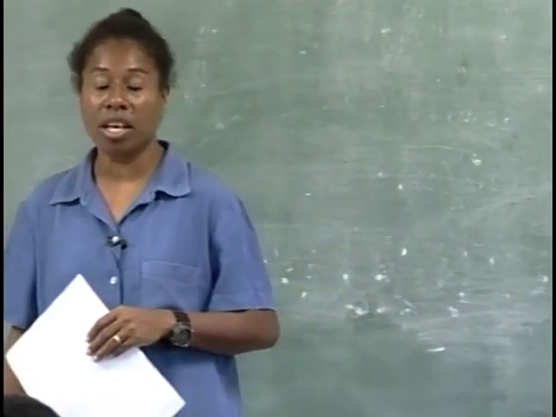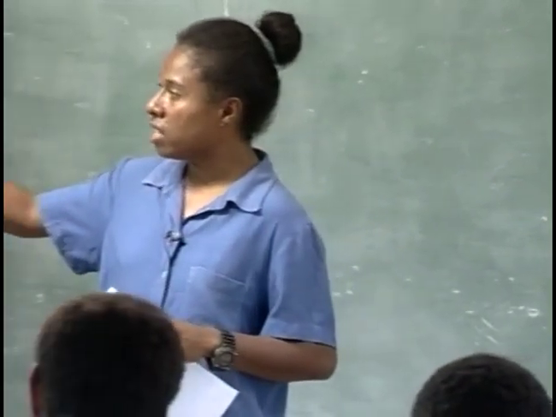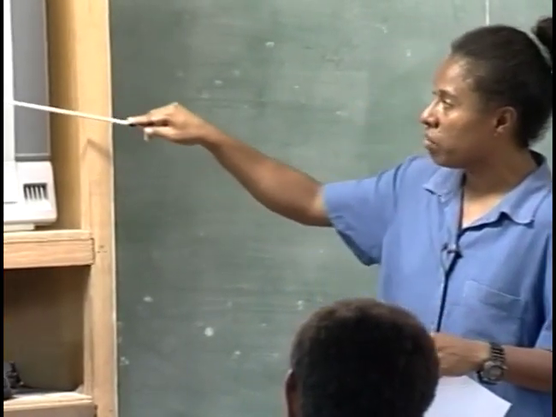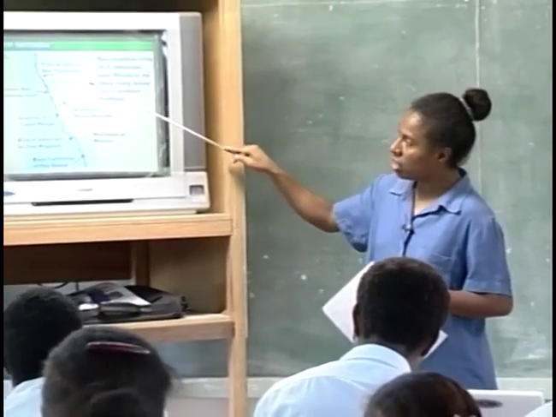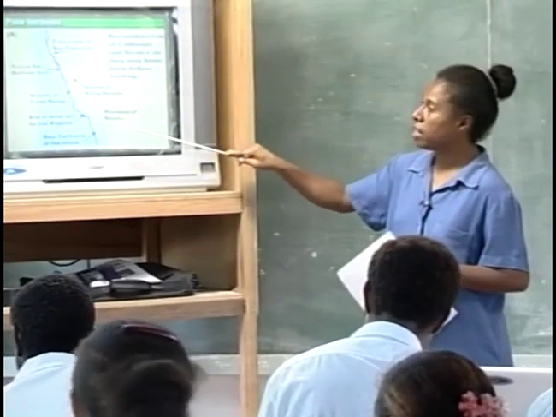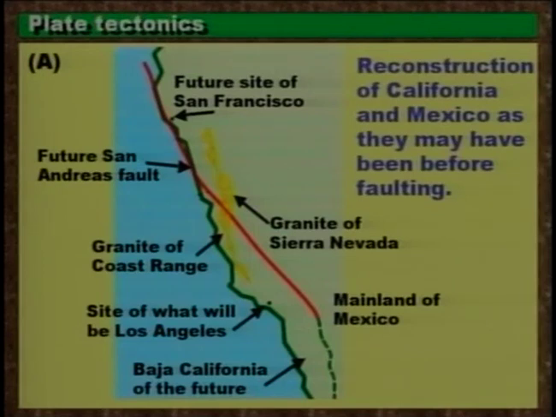So maybe using an arrow, you can indicate that if this plate is moving up that way and that plate is moving this way, you note the location of San Francisco. It's on the North American plate, whereas Los Angeles is still on the North American plate, but there is a fault line that is separating this particular section of North America from this section.